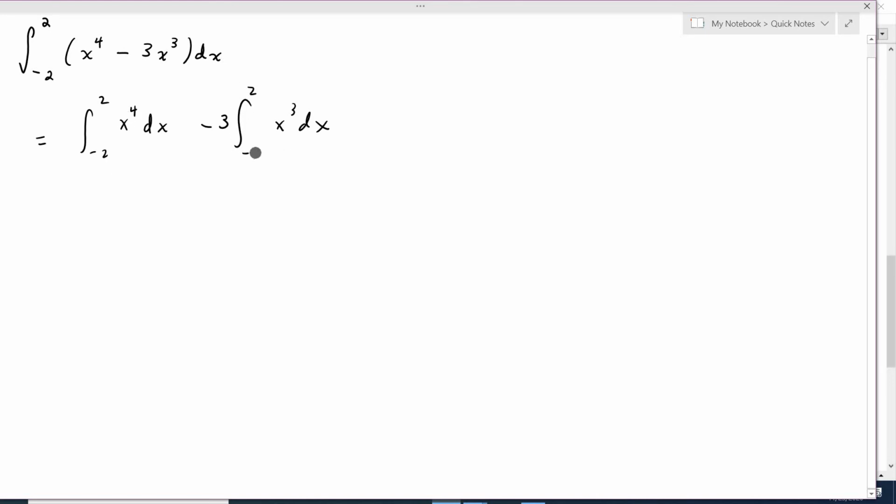And so this part here, since this is an odd function, now, of course, you have to go from minus a to a, right? So this goes from minus 2 to 2, okay? But as long as that happens, and this is an odd function, then we know that we get 0 because we get a positive contribution and a negative contribution.